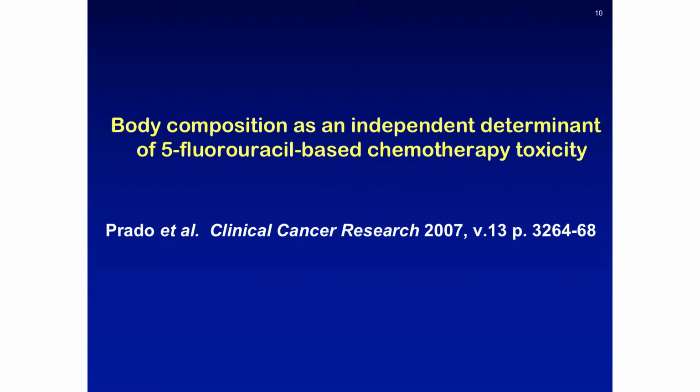This was the first study that we actually did looking at the toxicities of chemo as it relates to body composition. I had done a study of 104 colon cancer patients treated with the standard colon cancer regimen of 5-FU leucovorin given by the Mayo regimen.